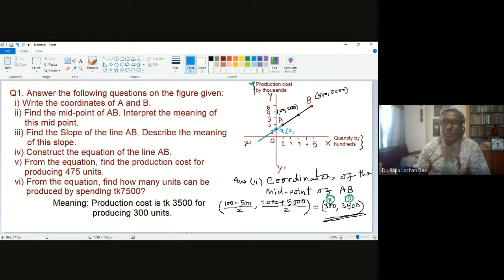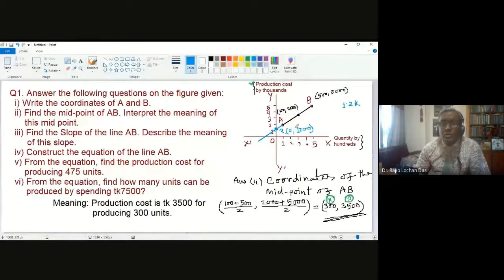If it is 1.2, then what will you write? Sir, 1200. 1200. It is correct. 1.2k, right? You understand 1.2k. So this is 1200. Fine, good.